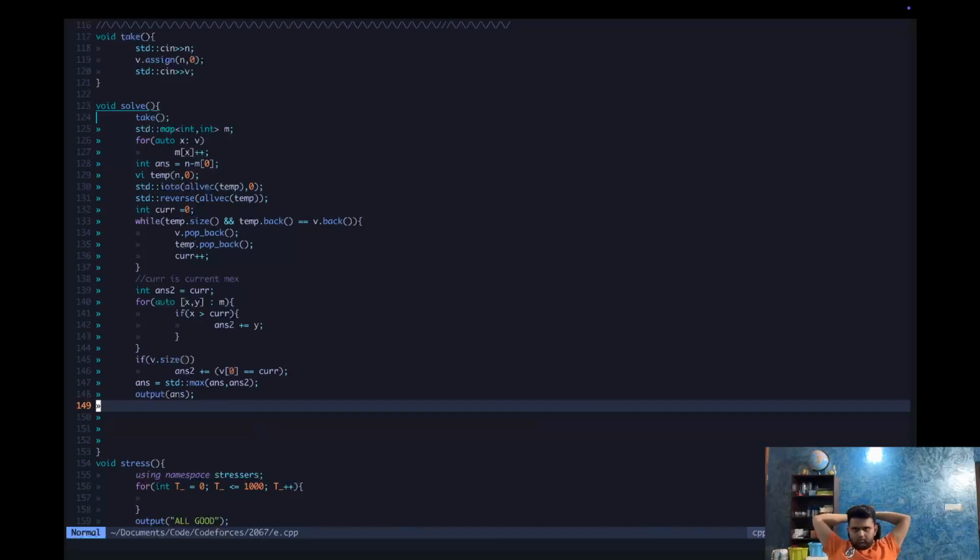All non-zeros will work, and whatever the max is there is fine. And currently the answer is cur. So max amount I have taken, and secondly, for each value, if it's greater, then I can always take it.